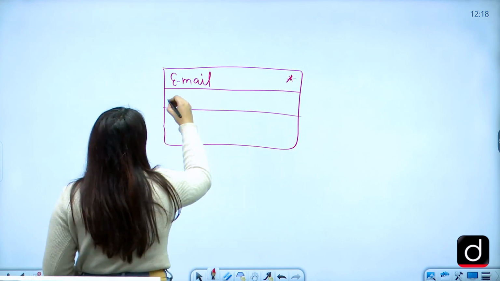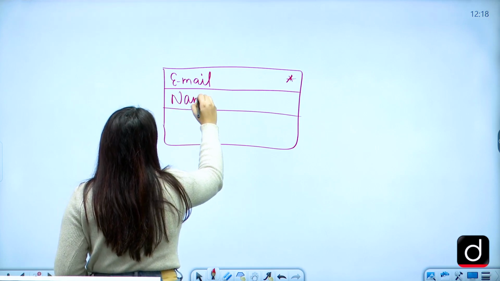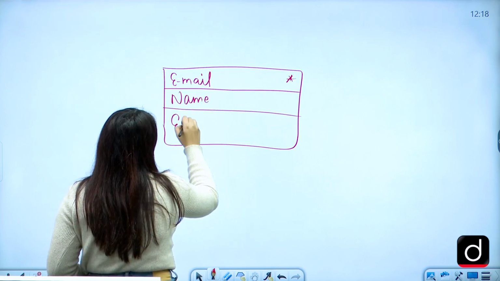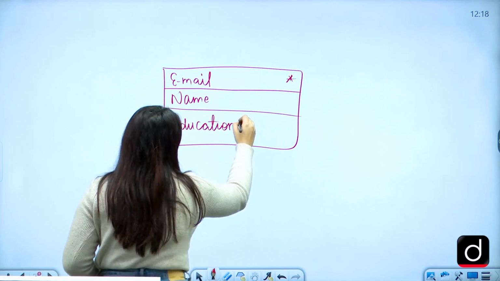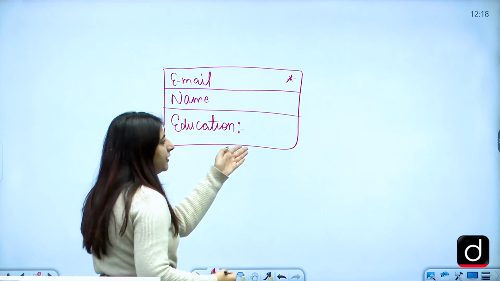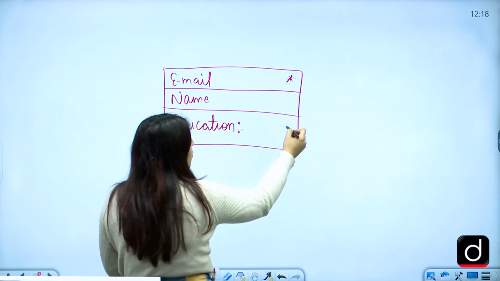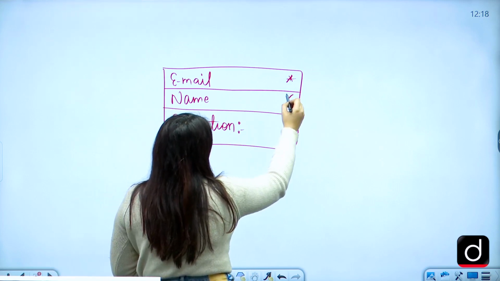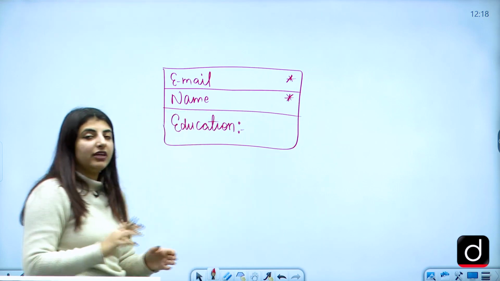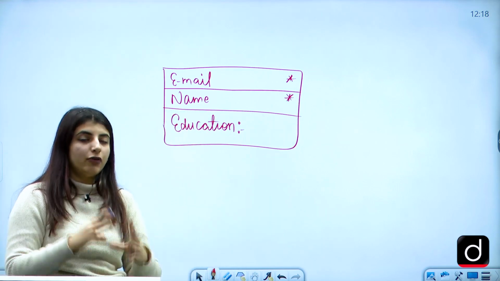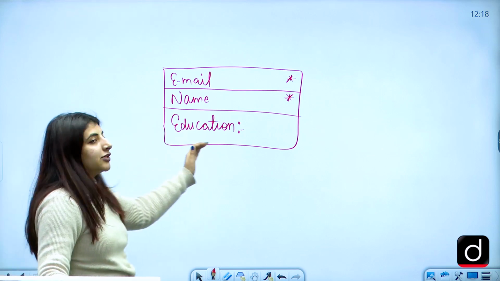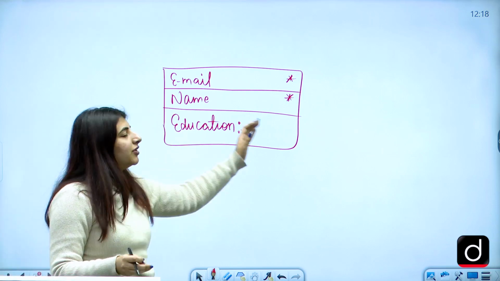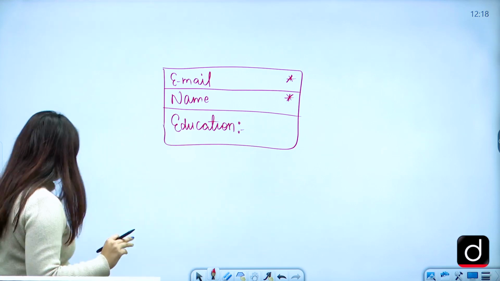If you talk about the name or educational background, they might leave that field optional with no mark, but for name and email, whichever field they require the information from, they will mark that field as mandatory, and the fields for which they do not really require information, they will keep as optional, right?